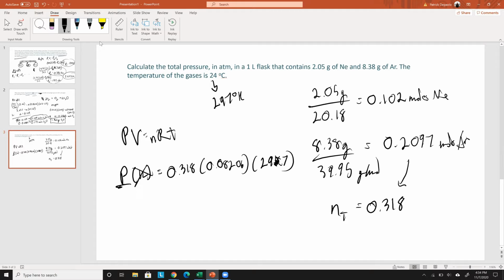Since the liters are 1, we can just multiply everything across: that number times 0.08206 times 297, and you end up with 7.598, or 7.60 ATM. This is the total pressure.